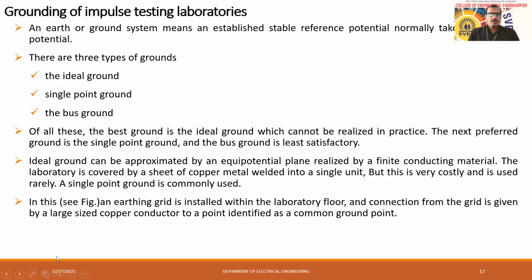If suppose this is my building, and in this building there are equipment and all these things, I'll take the points common to one thing, and that will go to the earth, that will go to the pit. Like that way, it may come into the picture.